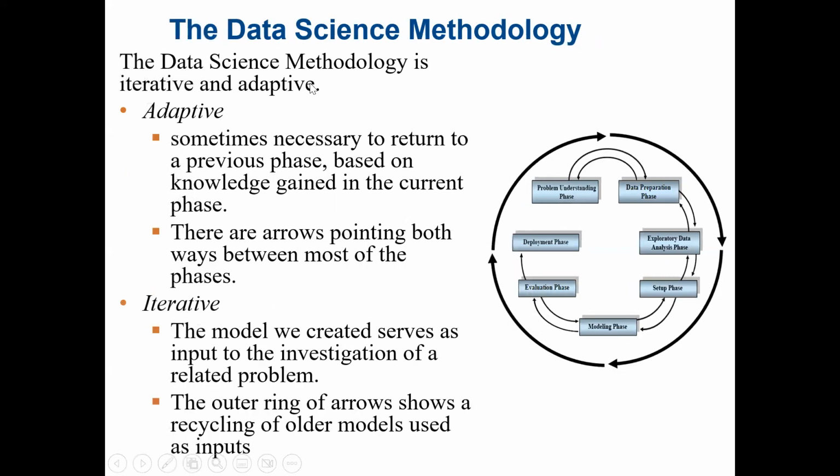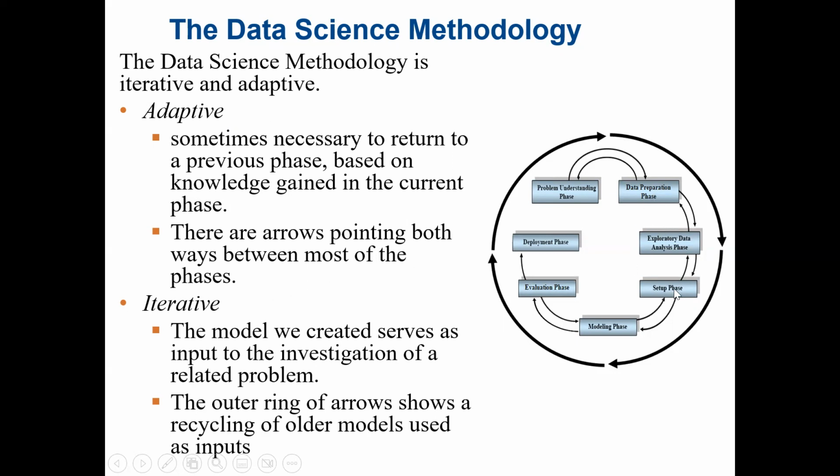So we know data science methodology, again, as we said, is interactive and adaptive. In terms of interactive, sometimes it's necessary to return to the previous phase based on the knowledge gained in the current phase. So that's why, again, adaptive. There are arrows pointing both ways between most of the phases.